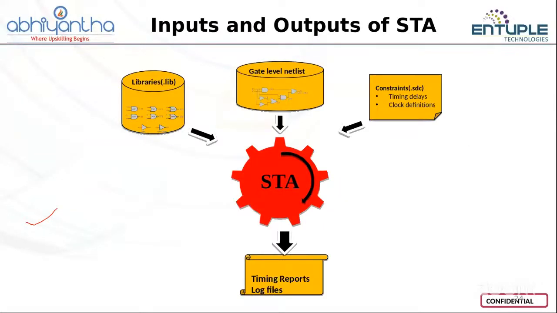For the inputs and outputs of STA, we can see here libraries, the same. All types of libraries you have to add, both liberty as well as your physical library. Then you need to add your gate level netlist, GLN or GLS. Here it is GLS because we need to add it with the timing reports. Then synthesis will happen. Then your timing reports will give you how much time you have taken for the complete design process.